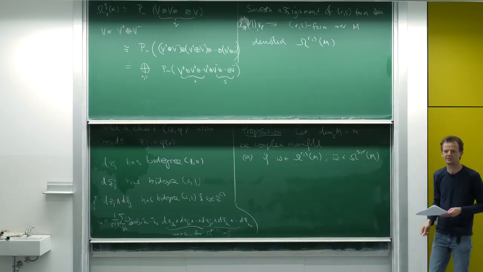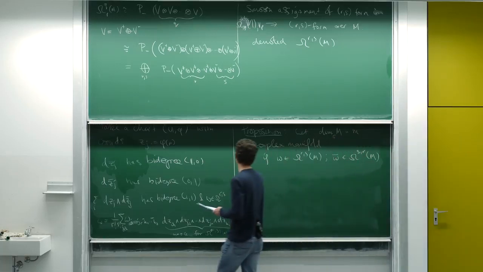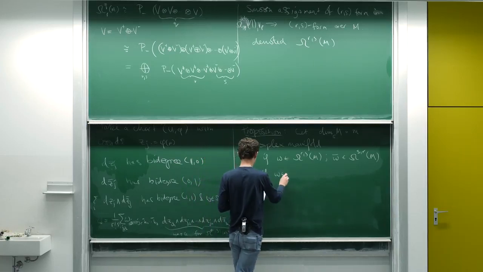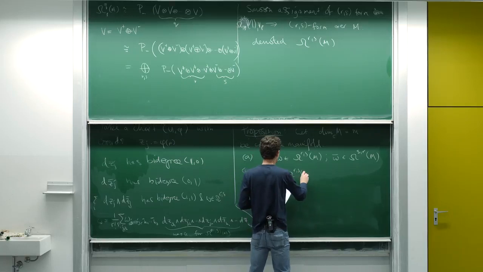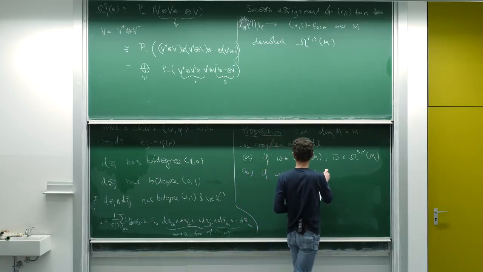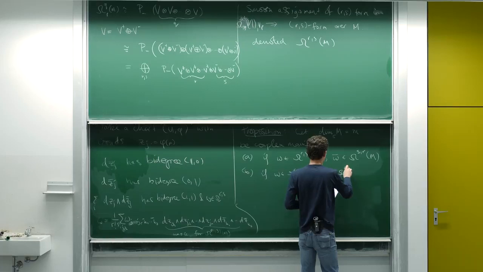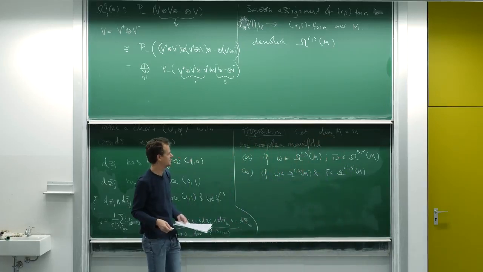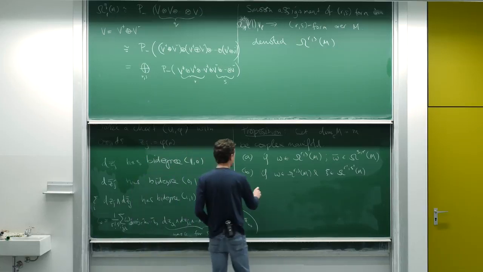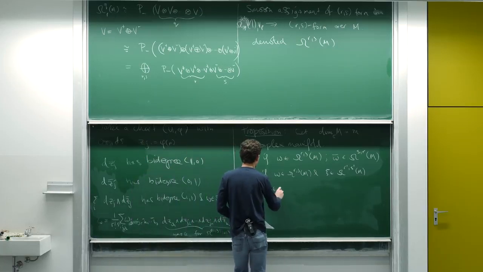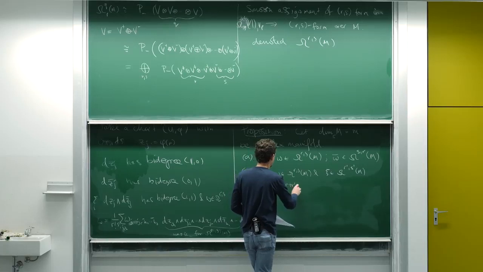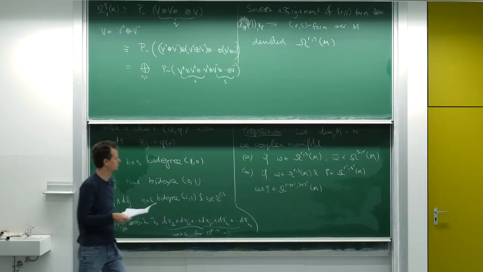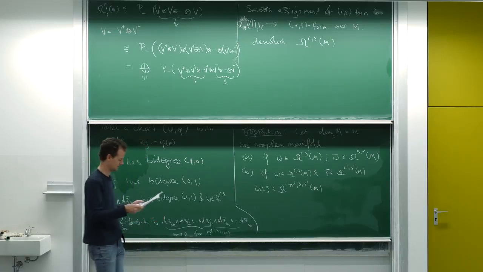It's kind of clear from the basis expansion. And if you have two such forms, perhaps of differing bi-degrees, and then you wedge them together, well, that's in R plus R prime, S plus S prime.